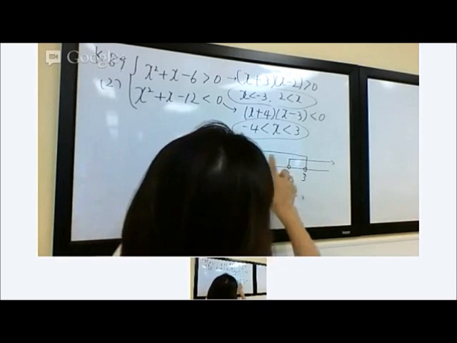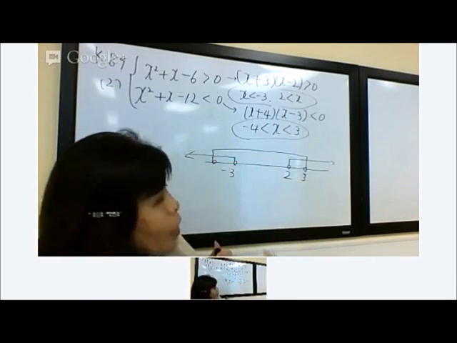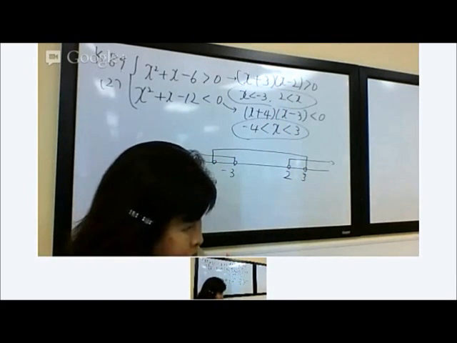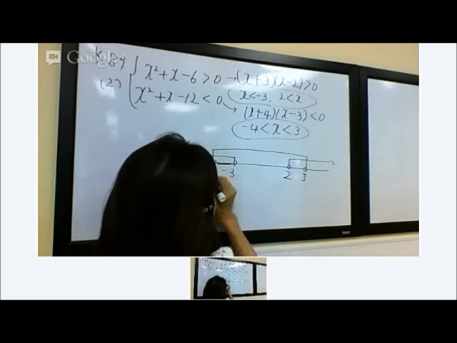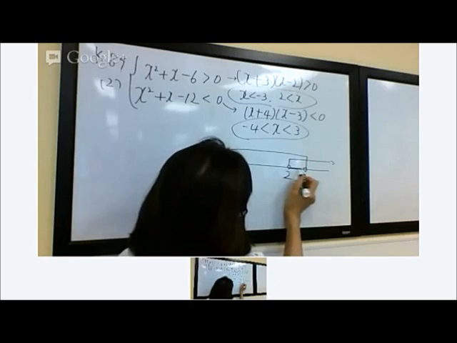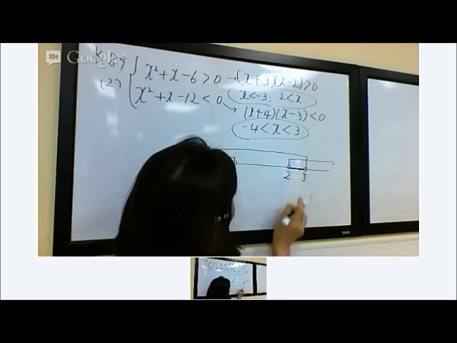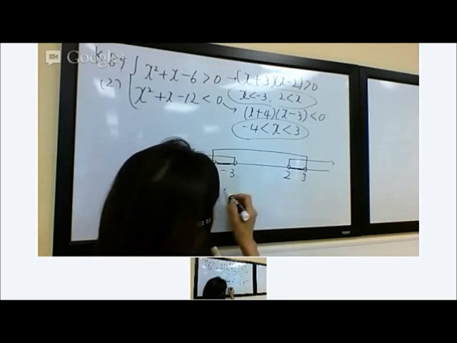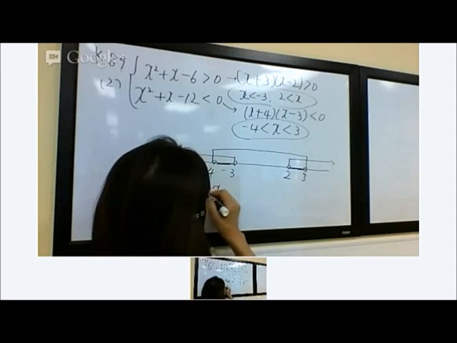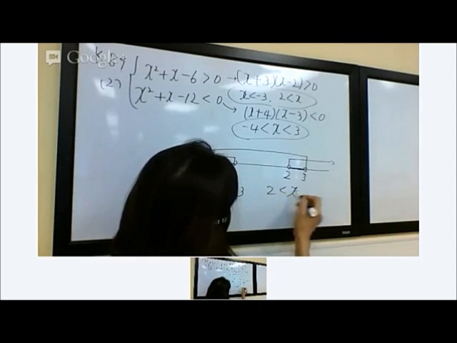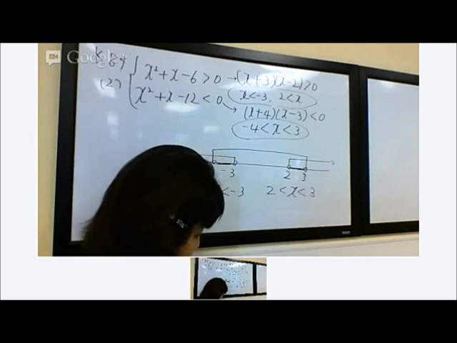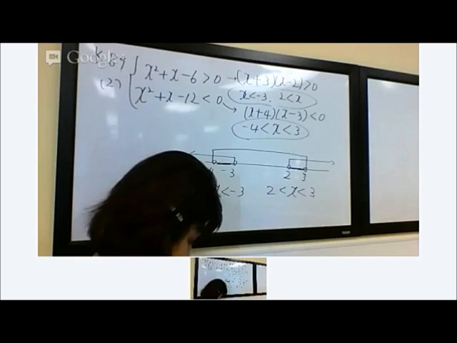Then which part is overlapped here? Wow, that's awesome. So that's why this is the answer, and it says no solution. I haven't seen these, and they look so new to me now.